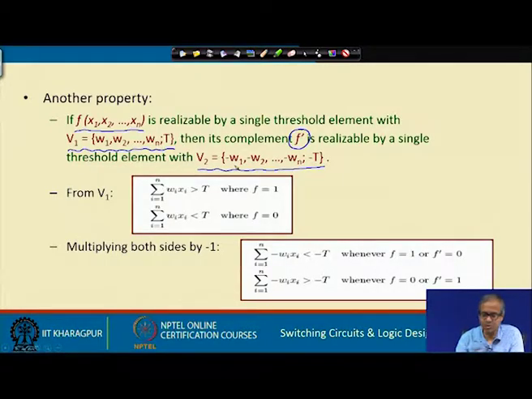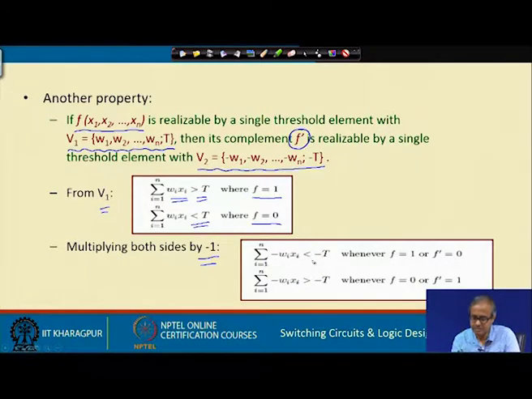It is very easy to prove this. From the first condition from V1, because it is a threshold gate, the weighted sum of Wi and Xi must be greater than or equal to T whenever f is 1, and it should be less than T whenever f is 0. Now, if you multiply both sides of these inequalities by minus 1, Wi Xi will become minus Wi Xi, T will become minus T, and greater than will become less than, and less than will become greater than.